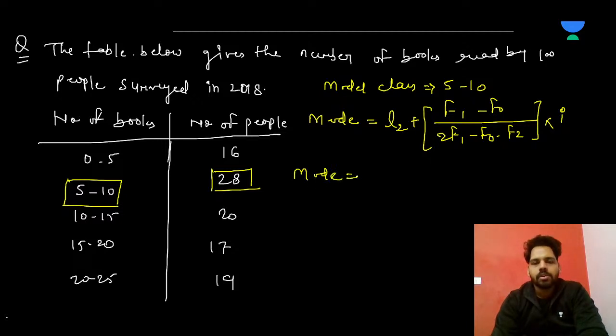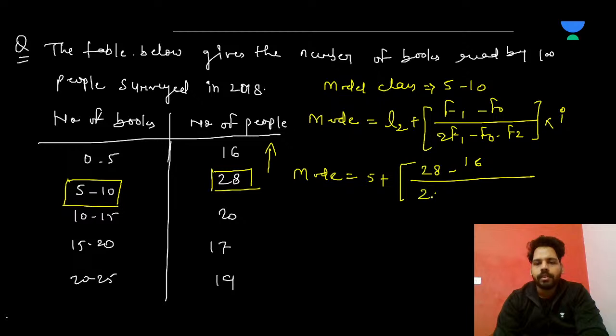So the lower limit is 5, plus F1, the frequency of your modal class, that is 28, minus F0, the frequency of the class preceding the modal class, that is 16, divided by twice F1, that means 2 into 28, minus F0, 16, minus F2, the frequency of the class succeeding the modal class, that is 20, into class size, which is 5.